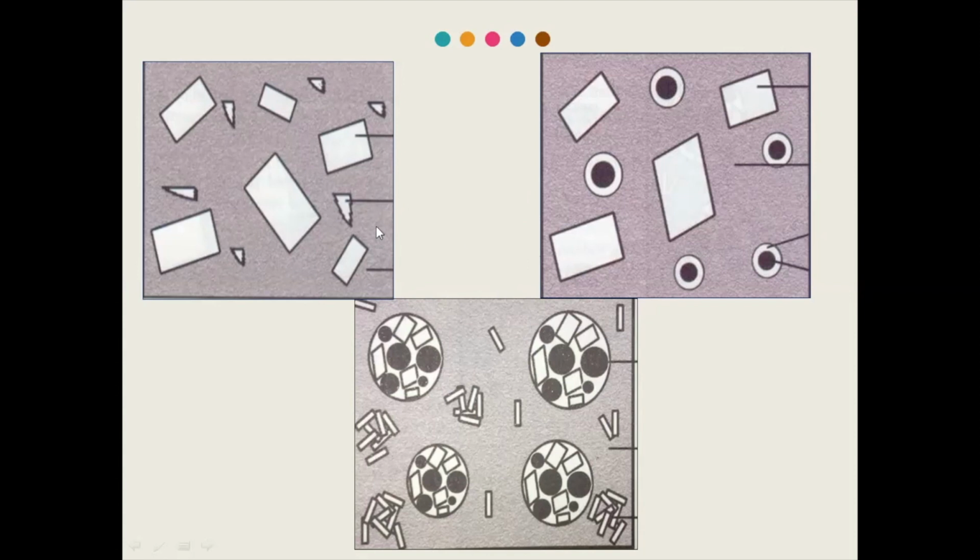So the matrix of low copper is formed by gamma 1 and gamma 2, while in admixed and unicomposition the matrix is formed by the gamma 1 phase only. I think this is the simplest way to keep in mind the setting or amalgamation reactions of all these three types of amalgam, which are very important from the exam point of view, because the most commonly asked long answer question is on silver amalgam.